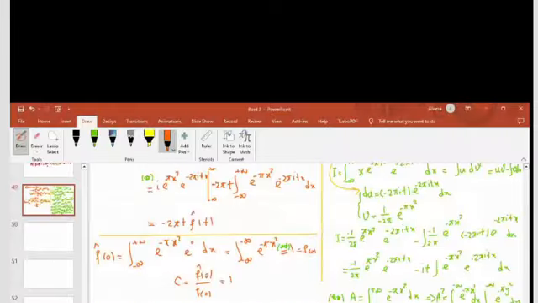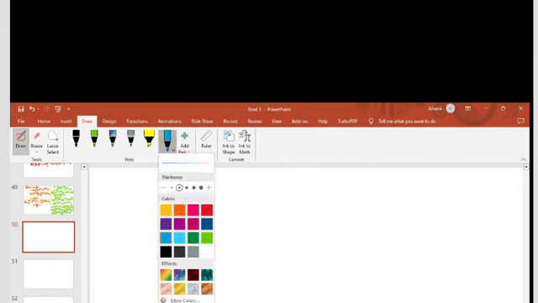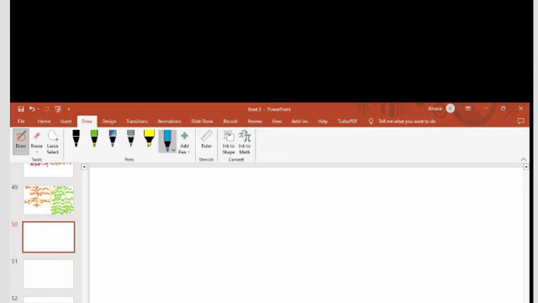Okay, f prime, so that this integral is finite.